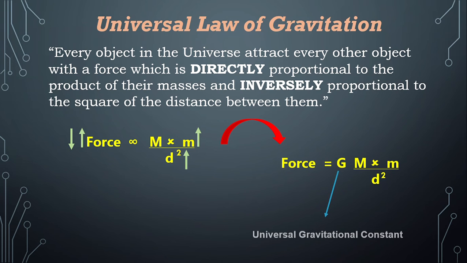This can be written as F equals G times capital M into small m over d squared. Here, G is the constant of proportionality and it is known as the universal gravitational constant.